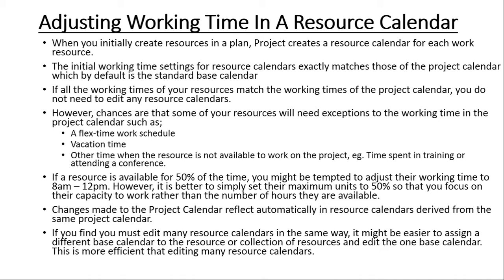Remember on our resources table where we were setting the maximum capacity and we left it at the default of 100%. So if the person is available from 8 a.m. to 12, instead of changing his calendar, we simply change his capacity from 100% to 50%.